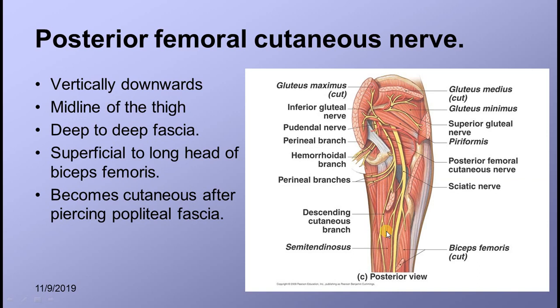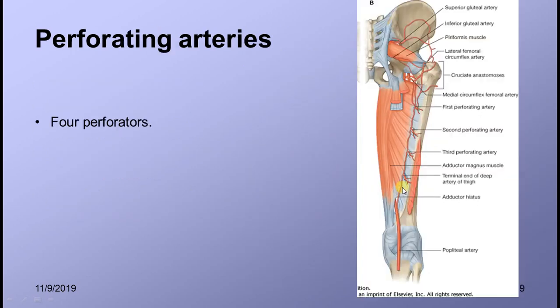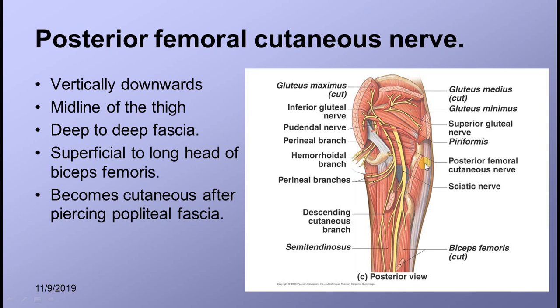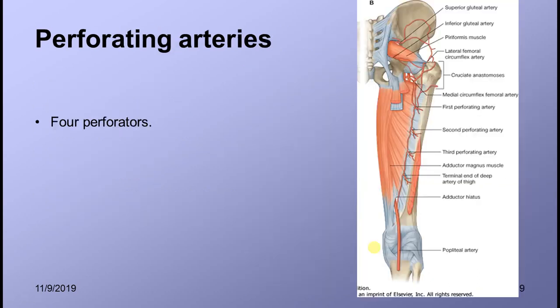It becomes cutaneous after piercing the roof of the popliteal fossa, which is covered by the popliteal fascia. Then it supplies mainly the skin over the thigh, and apart from that, the popliteal region also. So that is about the posterior femoral cutaneous nerve.